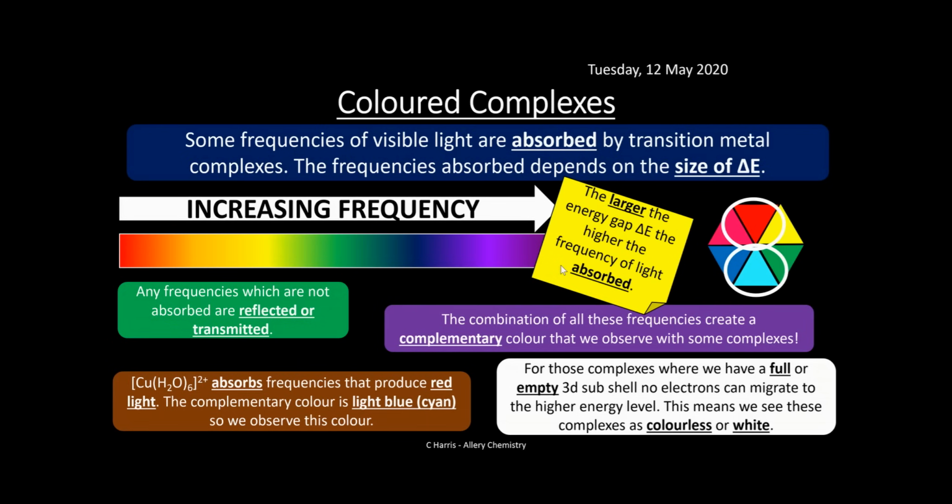So we can get colourless or white transition metal compounds as well. So that's quite important. A classic example is zinc. Zinc doesn't have any space where it can migrate these electrons, and that's why zinc compounds are generally white or colourless. They don't have any colour because they can't actually move electrons up and down.